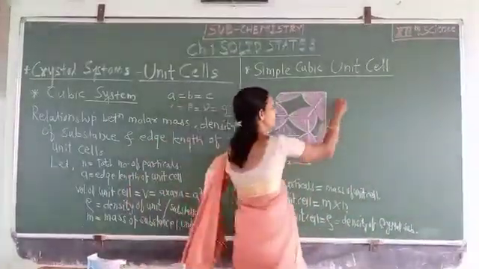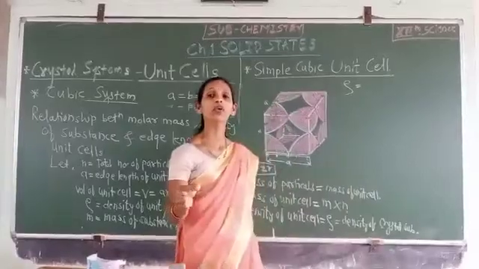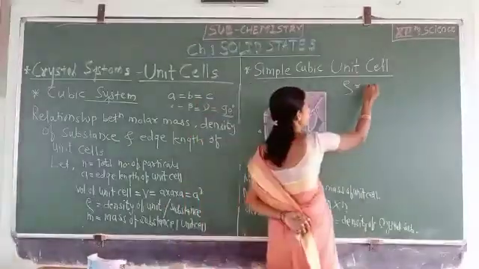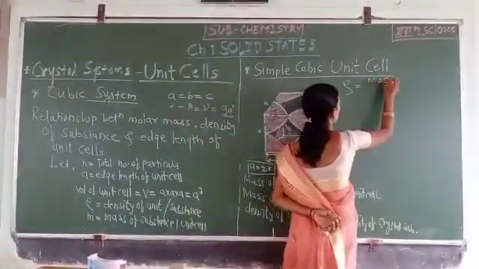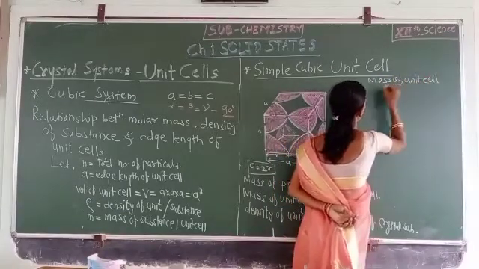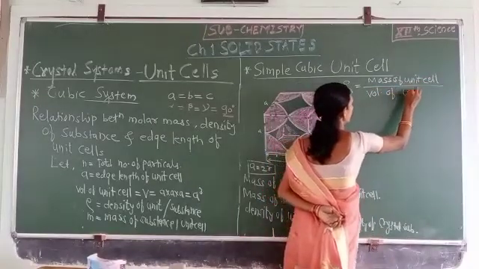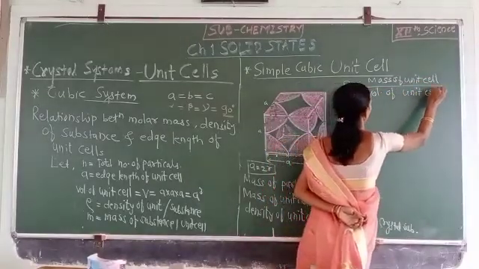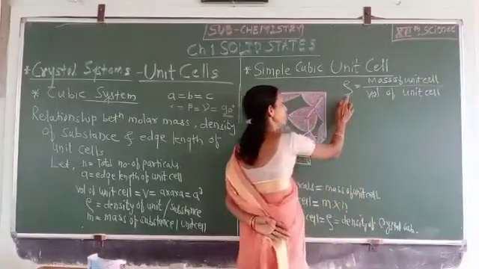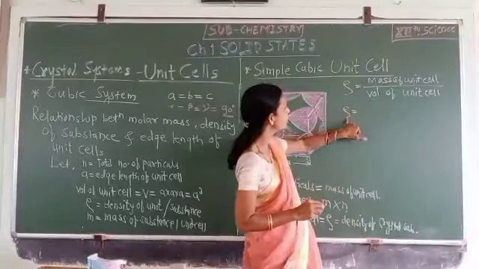Then we can calculate the density of that substance or density of the unit cell as mass of the unit cell upon volume of the unit cell. Then see here, rho is equal to mass of the unit cell.